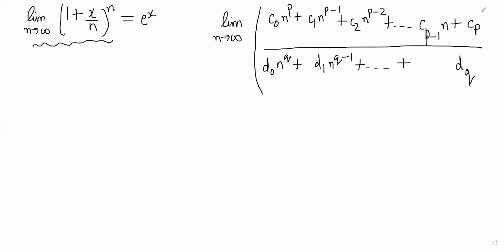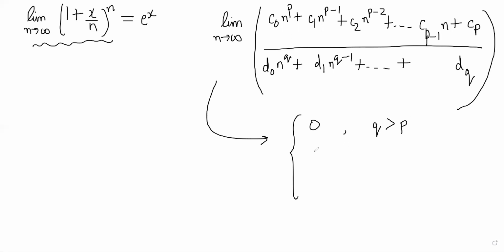If I have to find this limit, what are the possible values that will come here? There are three possibilities. Yes, sir. 0. When will it be 0? If the degree of Q is more than P, so Q is greater than P. What else?